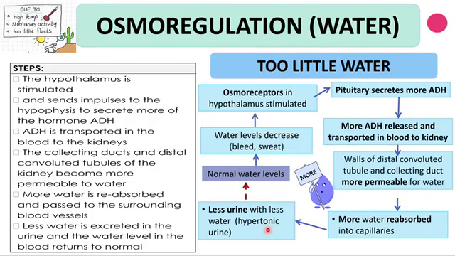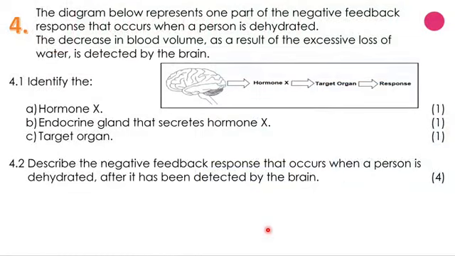I just have a quick question for you, and then we're going to end our session. Here we have a diagram that shows you negative feedback when a person is dehydrated. This has to do with water. Hormone X, the only hormone that regulates water, is ADH.